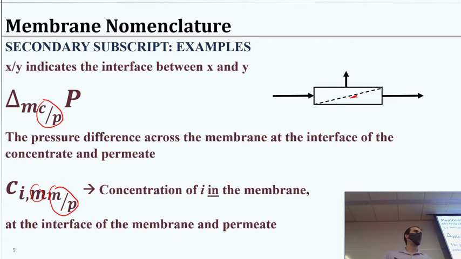It's just not practical, so we have to take some things with a grain of salt, or make some assumptions to be able to work with it practically. So these descriptors are what the book is using to describe exactly what's going on. This is that concentration as measured at that interface of the membrane and the permeate.